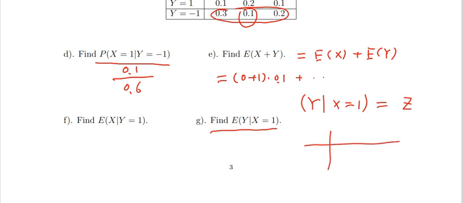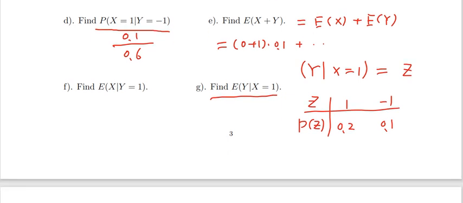Okay, so let's check Z, with X equal to 1. This Z can be just 1 or -1, right? And the probability that Z equals 1 is 0.2, and -1 is 0.1. So this part is easy, but don't forget, this is not a distribution.